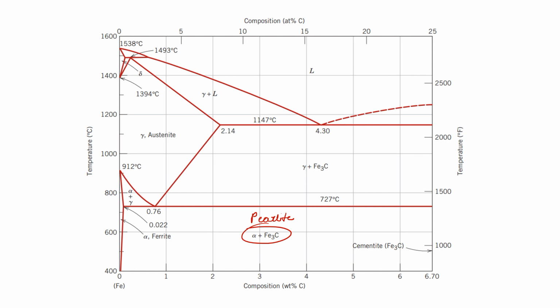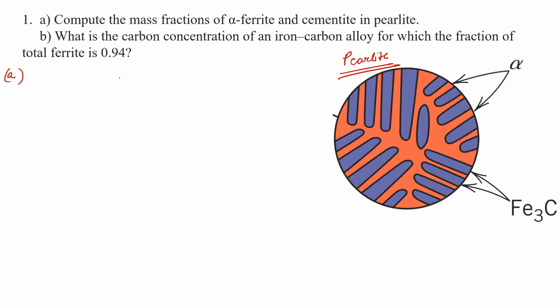So we have been asked what are the mass fractions of alpha ferrite and cementite, Fe3C. So what is the mass percentage? Since we know from this phase diagram that C of Fe3C is 6.7 weight% carbon.